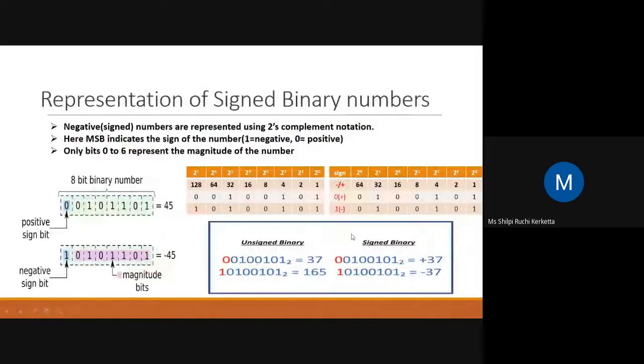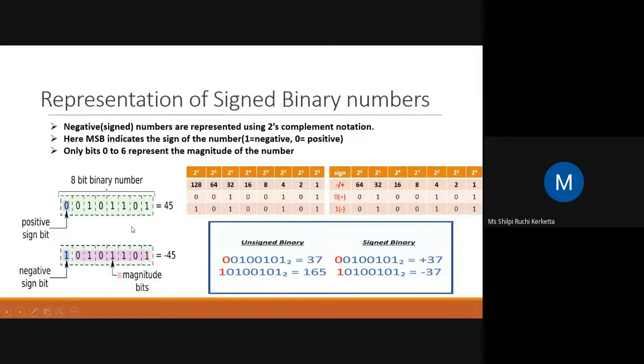So what if we have a negative term? How will we represent it in binary form? In binary we only have 0 and 1, so how will we represent this? If we have plus 37 and minus 37, how will we represent them?